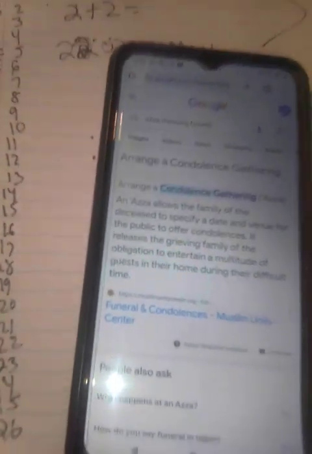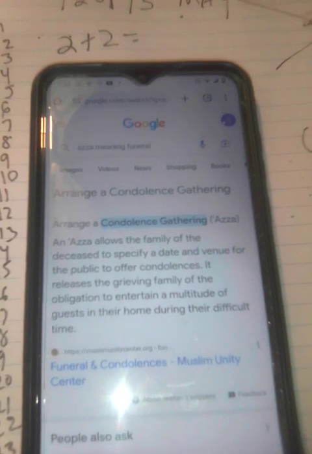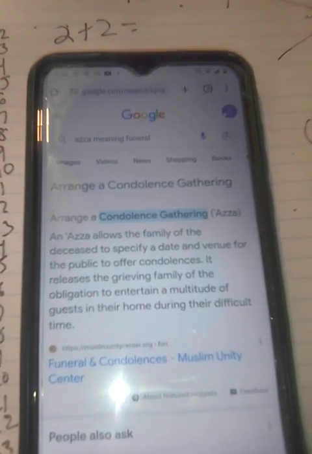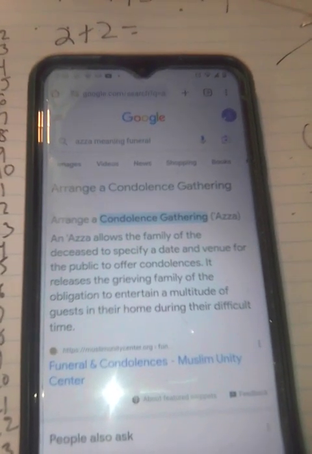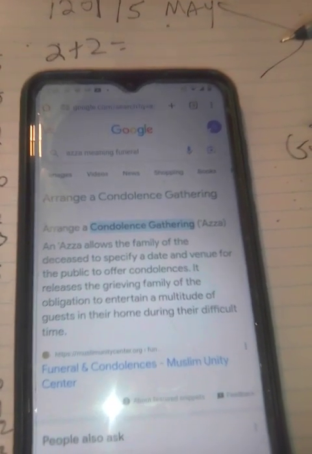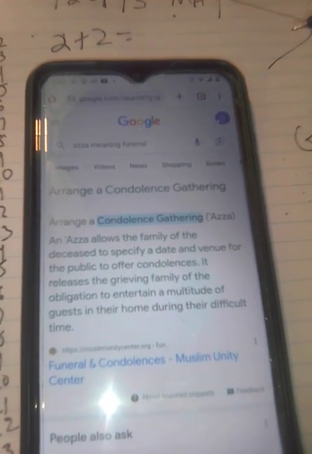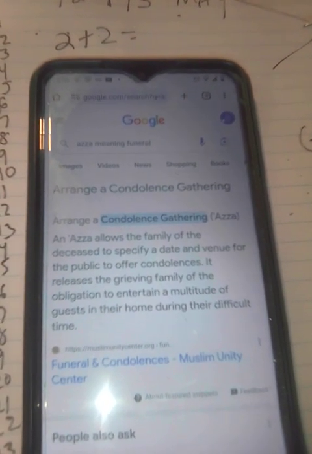Now, this is an ancient name, Azza. And let's read this again, shall we? It should say relief. Releases the grieving family of the obligation to entertain a multitude of guests in their home during their difficult time.